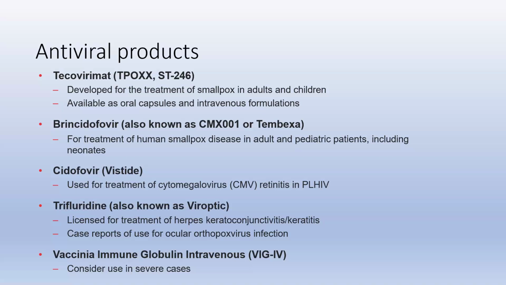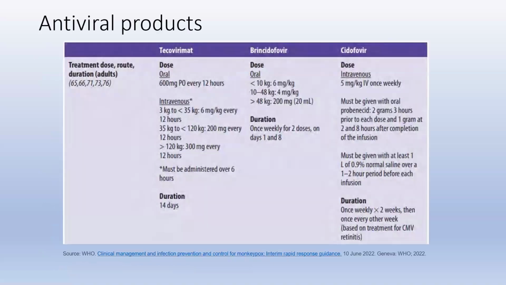It has been used for treatment of ocular orthopox virus infection. And then the vaccinia immunoglobulin intravenous, VIGIV, which can be used in severe cases and basically prevents attachment of the virus to the cell wall, and that's how it prevents an infection.